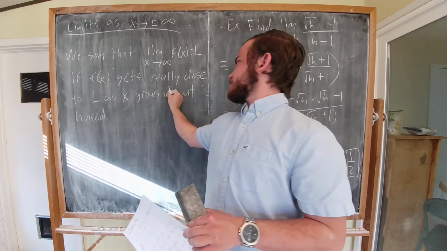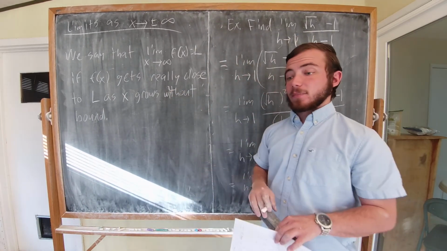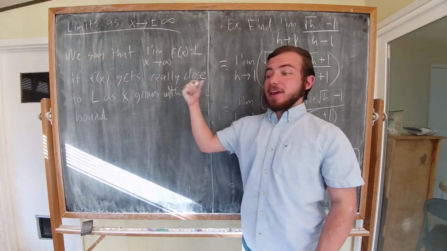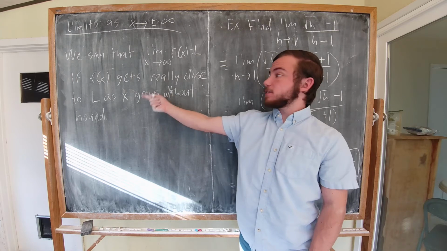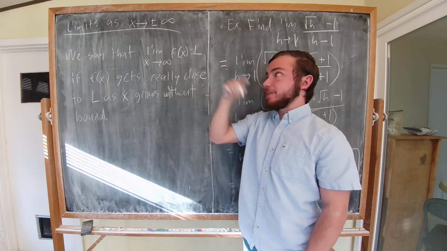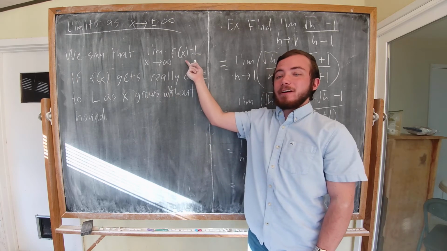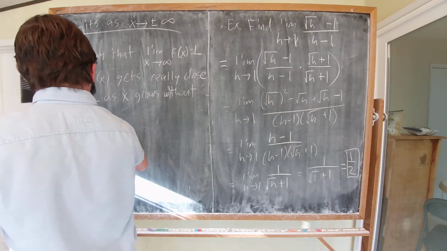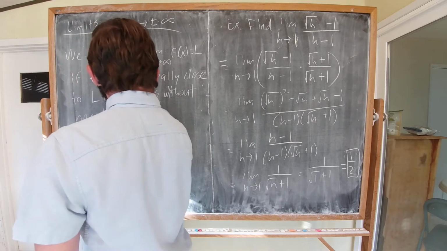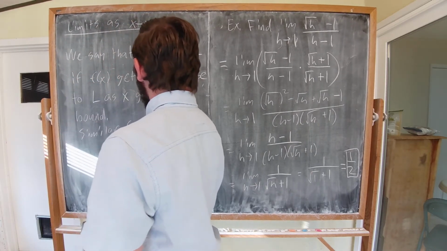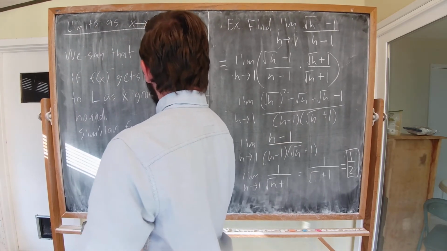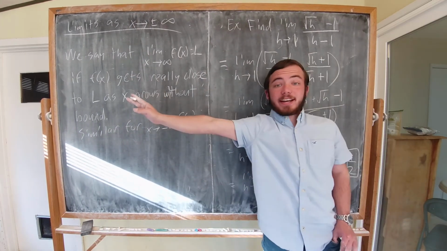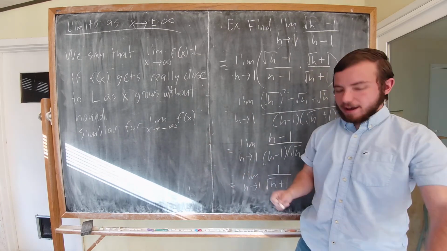Okay, that's a reasonable thing to say. As x gets really, really big, if f of x sort of stabilizes down to L, then the limit as x goes to infinity of f of x is L. Similar for the limit as x goes to negative infinity of f of x. Same idea, you say, as x gets really, really negative, what's happening to f of x?